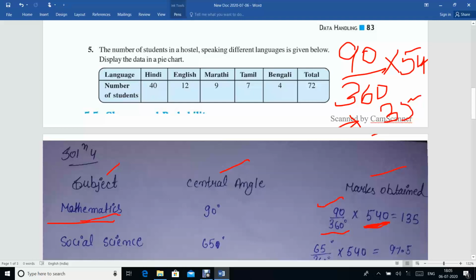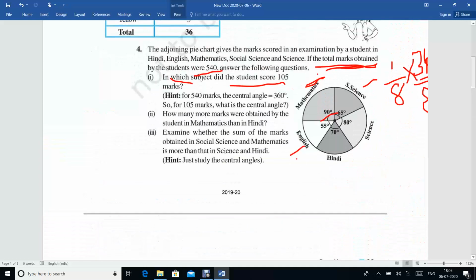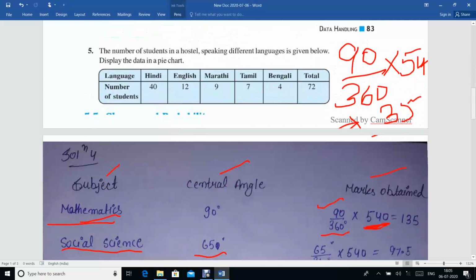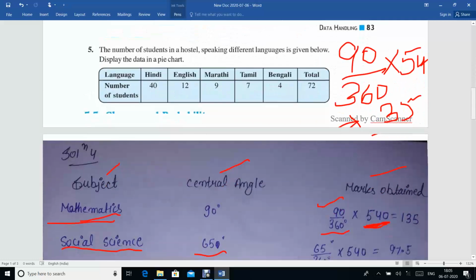The next subject is social science. For social science, the central angle is 65 degrees, as you can see in the question. To find the marks obtained in social science, you apply the same formula.